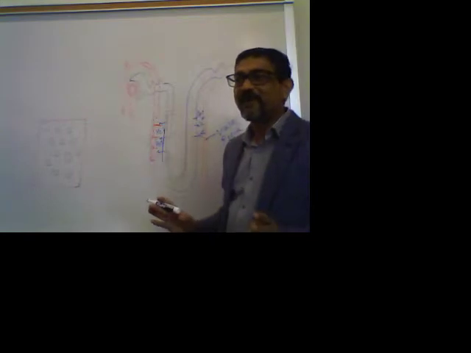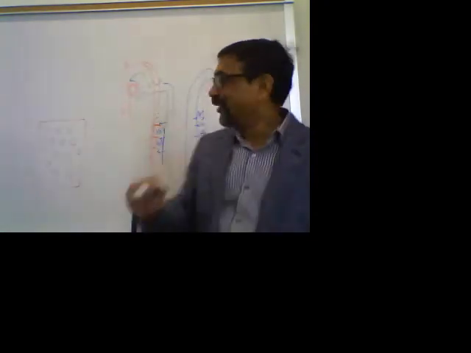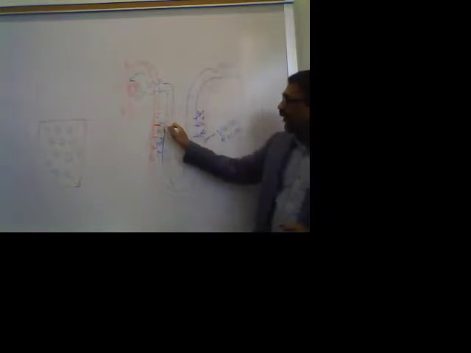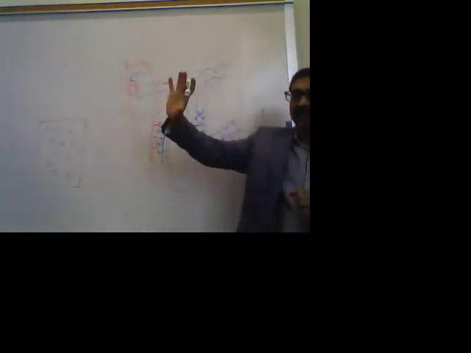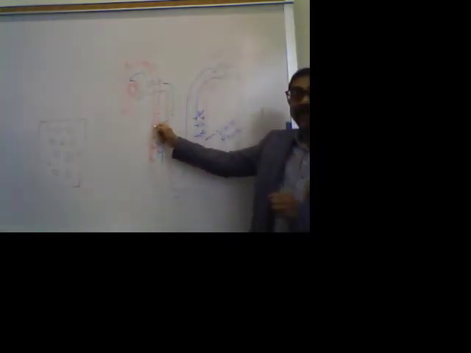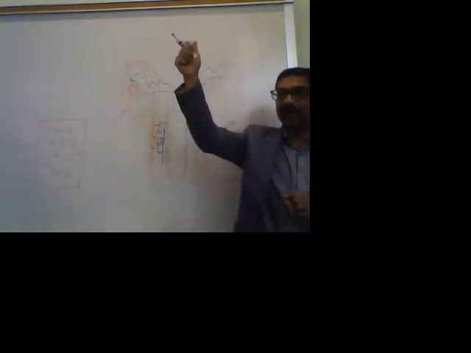Is it clear? Concentration. Now you tell me, it's interesting. Here, water is getting out. The volume here is getting down, right? The volume, because water is getting out. Is it clear? Here, water is being added to the blood. So the volume is going up.